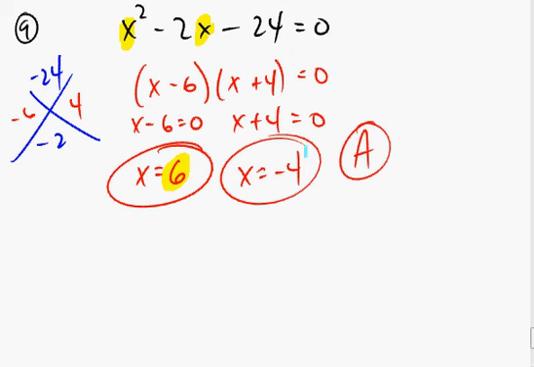And then try it again with the negative 4. Put that in there, and that has to work. And if they both make the equation true, then that's the right answer. So if it's a multiple choice test, you can just do that with all the answers until you find the right one. Or if you actually know how to do it by factoring, then you do that to check.